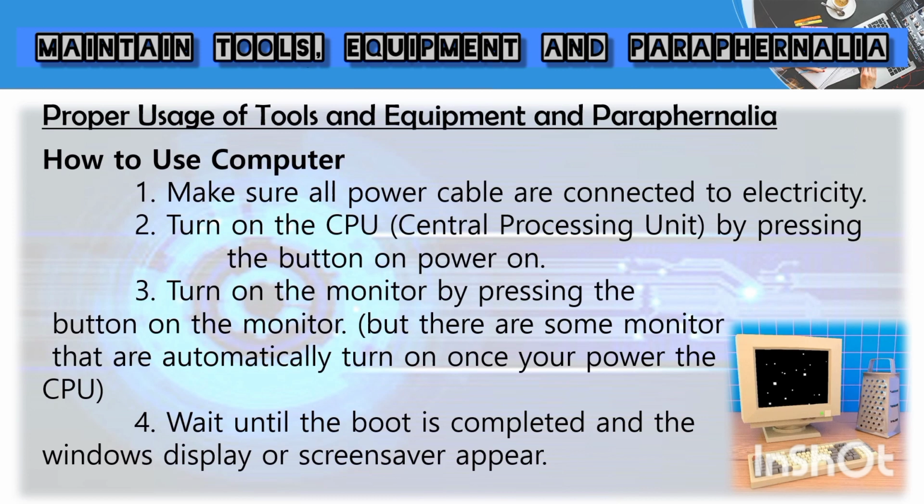But actually, there are some monitors that turn on automatically once you power on the CPU. Then fourth, or the last one, wait until the boot is completed and the Windows display or screensaver appears. So those are the proper ways to use a computer.